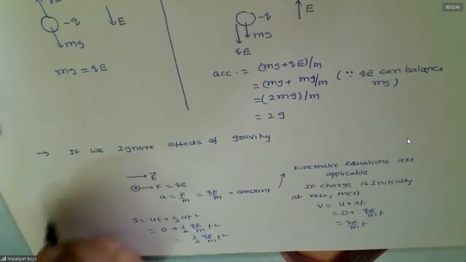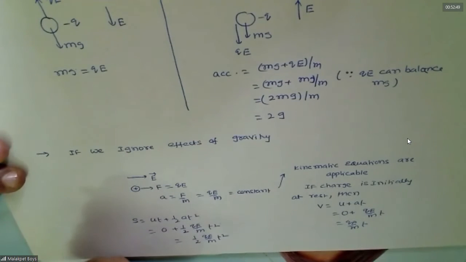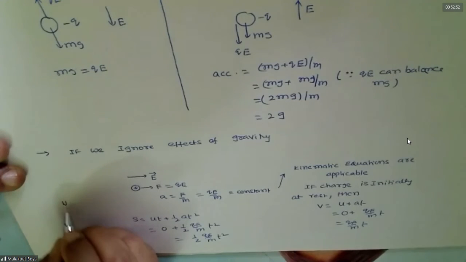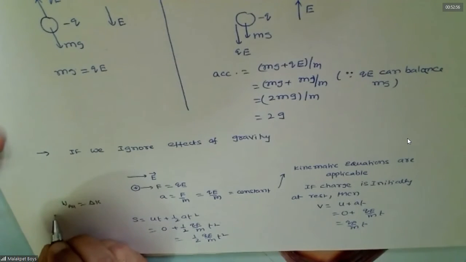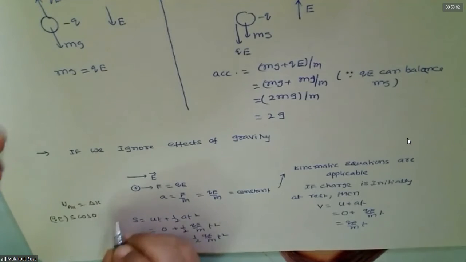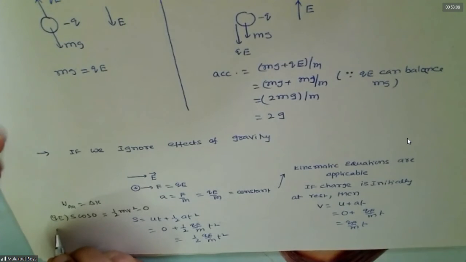Also, in this case, you can apply that work done by all forces is change in kinetic energy. Here, electric force times displacement times cos zero, no? Finally, half mv squared, initially zero. Do you agree with this? Yes, sir.